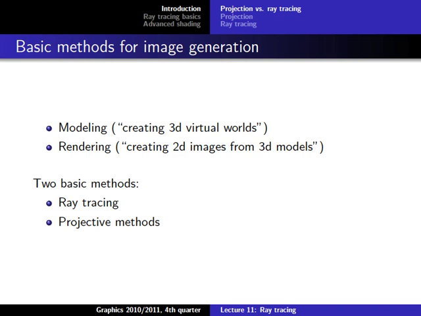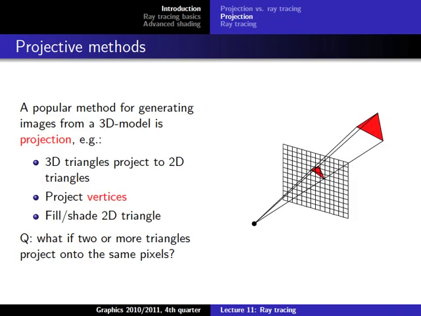I just copied a couple of slides from the very first lecture. This was one of the very first slides where I talked about the basic techniques in image generation, which are modeling and rendering. And then we talked a lot about these projective methods, where we model an object by, for example, a triangle by the 3 vertices.